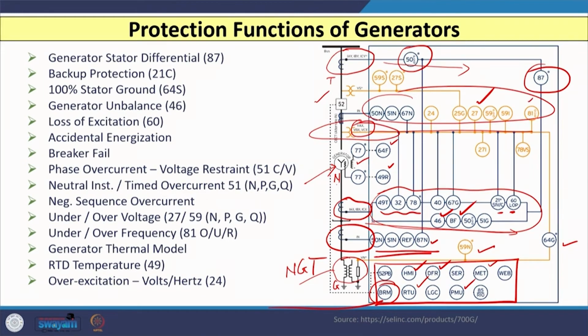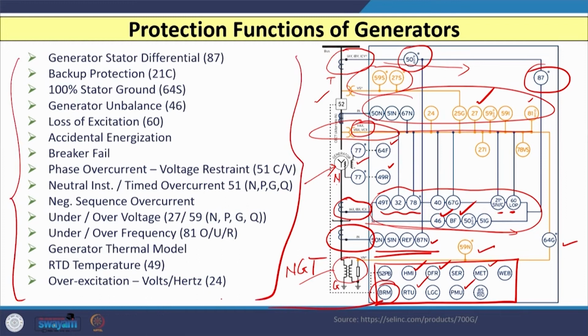So, 81O over frequency, U under frequency, and R, that is rate of change of frequency, and so on. And along with this, some synchro check devices or elements are also connected. So, overall all these functions are available in a digital relay in a single unit, compared to the previous electromechanical and static relays, where we have a single unit.